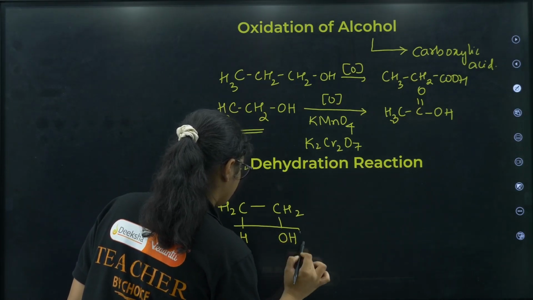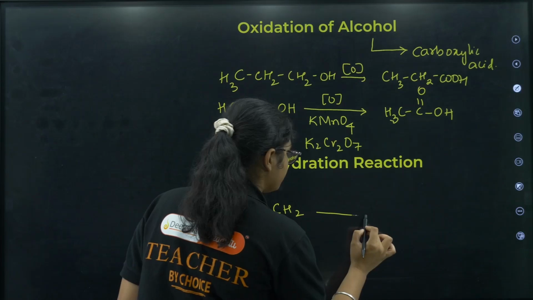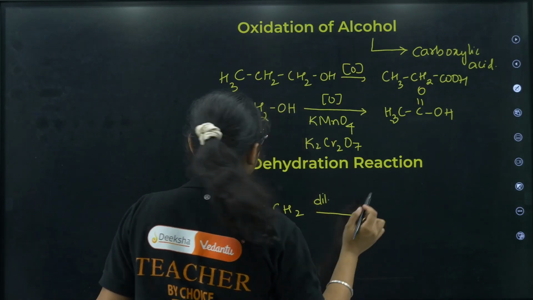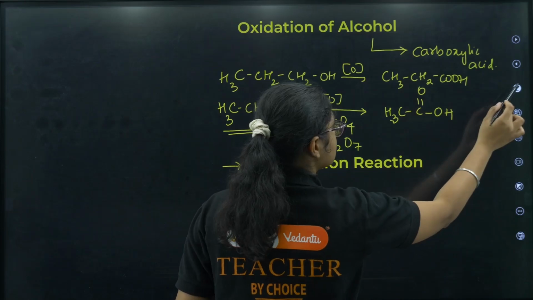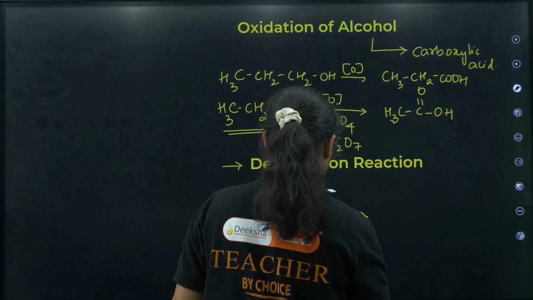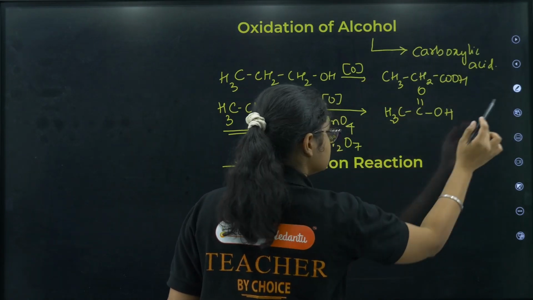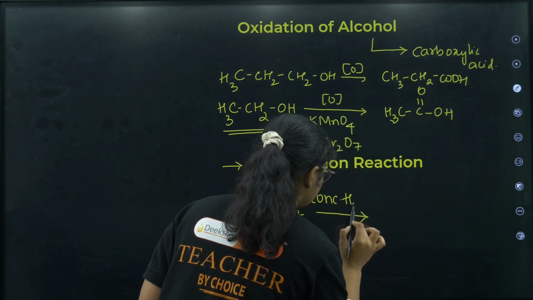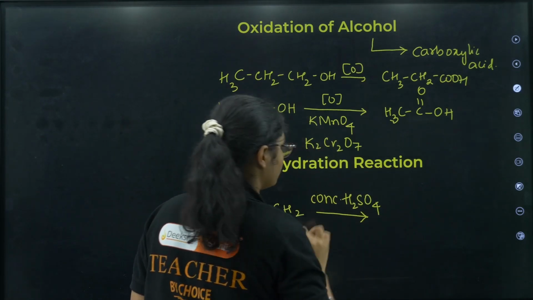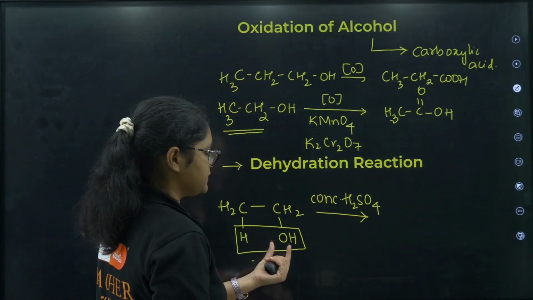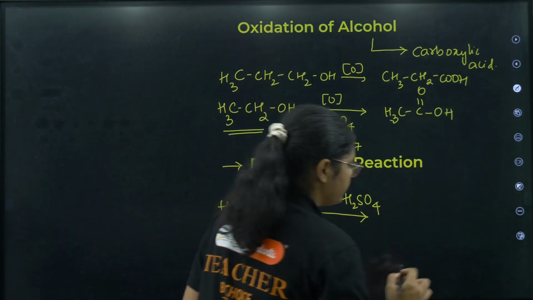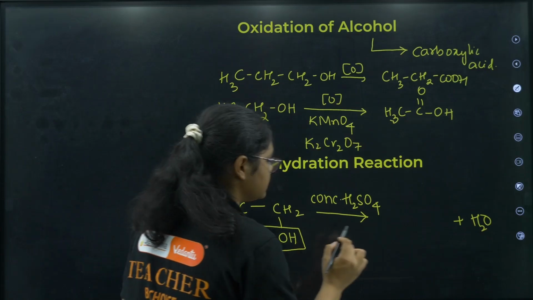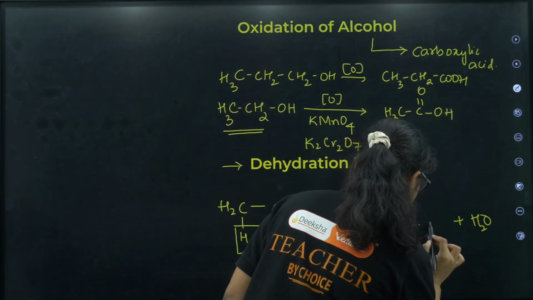Here H and OH will be removed in presence of concentrated H2SO4. Then H and OH will be removed as water, so I will get H2O as a byproduct, and CH2CH2.